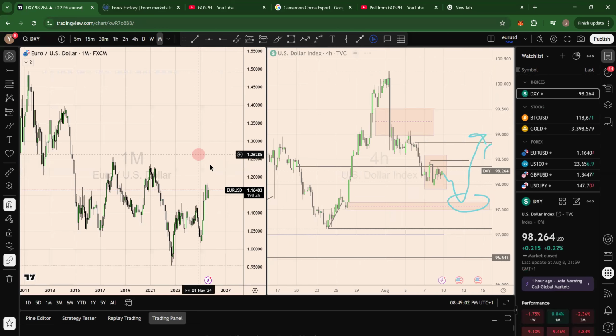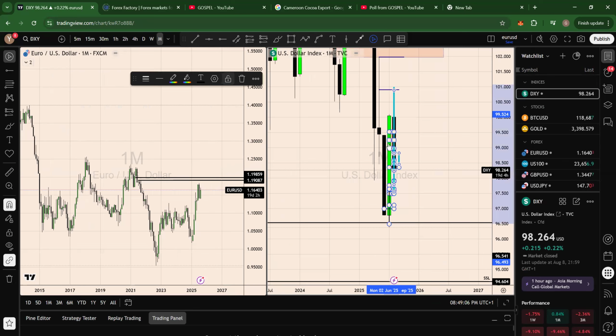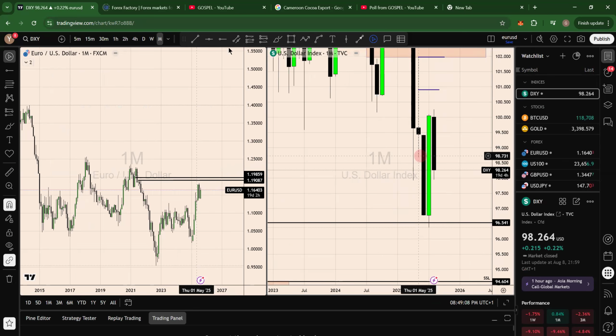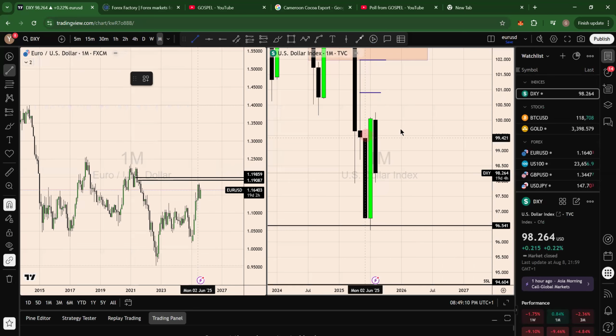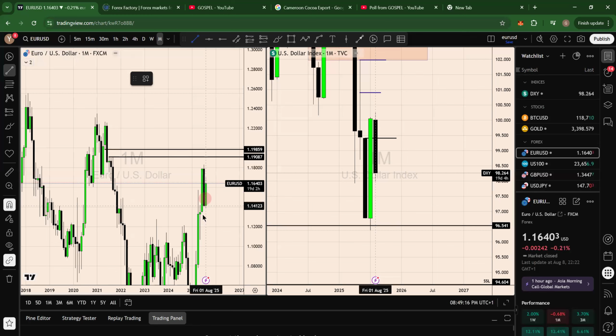But we don't have that engulfing here. Let me just delete all this. Let's look at it now. You can see that the previous monthly candle completely engulfed this one, but here we failed to close below the low. So this is actually the SMT that's happening.